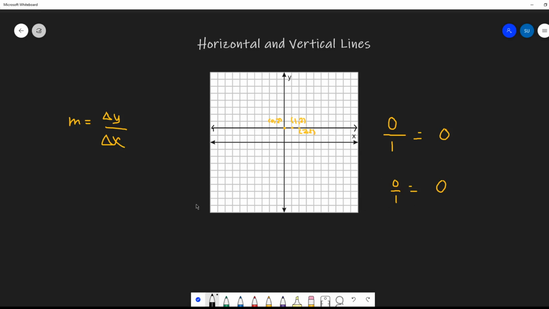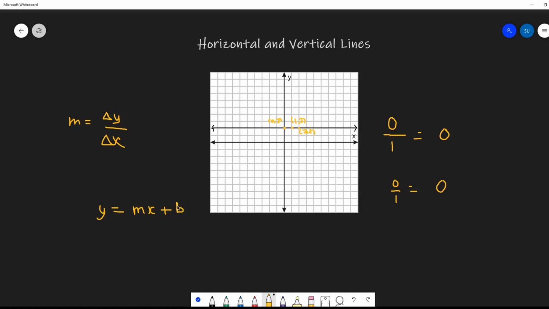Now, what we have to ask ourselves, what is the equation going to look like? And really, once you know that there is no slope, that means there's no x, right? Because the slope is the m, and it controls the x. The m is the coefficient of the x, so to speak. And then that is added to a b, which is the y-intercept.